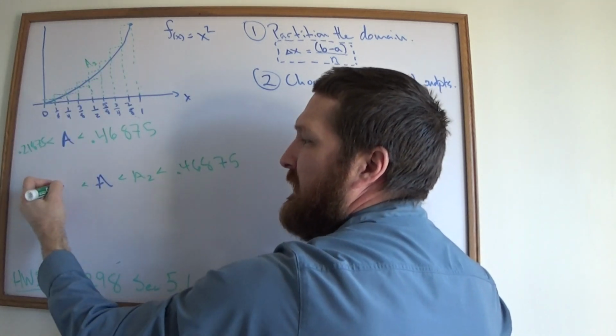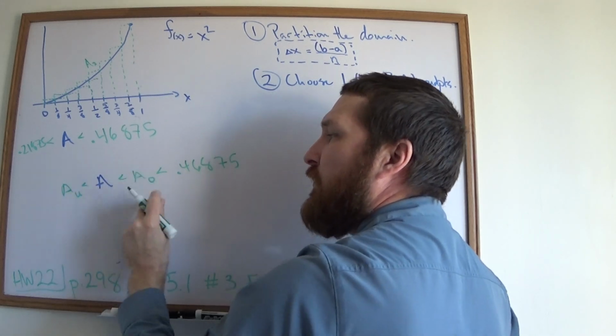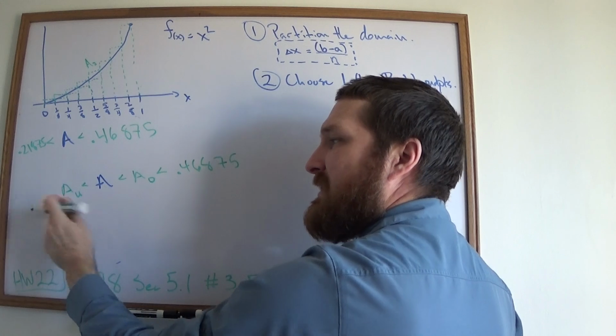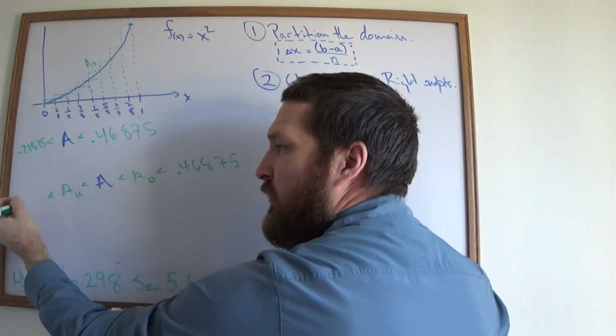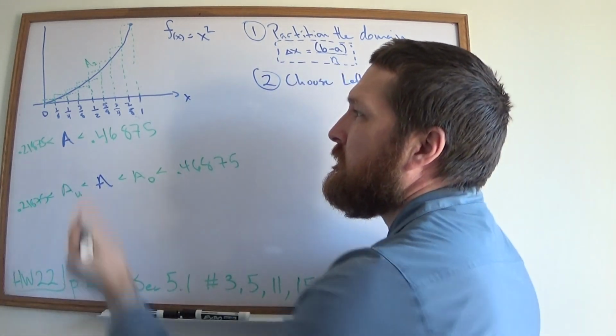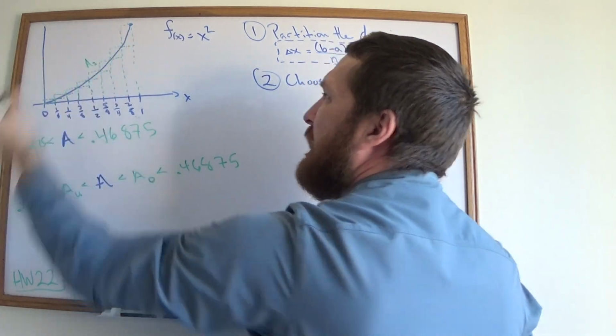And the underestimate, let's just call it AU. The overestimate is bigger than A, the underestimate, but it's still closer to A than when we did it with 4. Okay, you got an underestimate here, underestimate here, underestimate there.